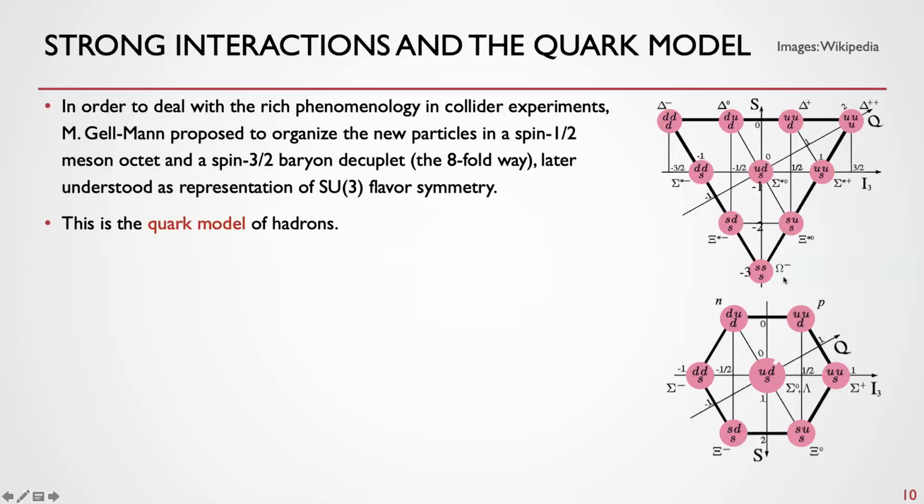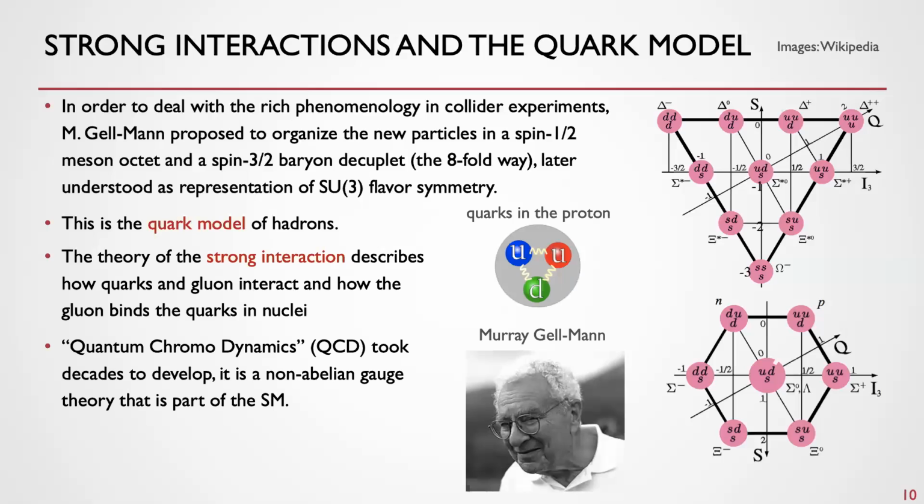A few particles were missing, for example, the omega minus and the delta plus plus, and could then be searched for. And indeed, most of these predictions were successful, which gave some idea that protons and neutrons are not elementary, but have fundamental constituents called the quarks. However, a great many details were not known.